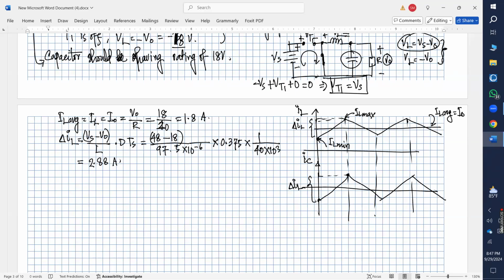Now what should be the IL max? IL max should be IL plus del IL over 2.